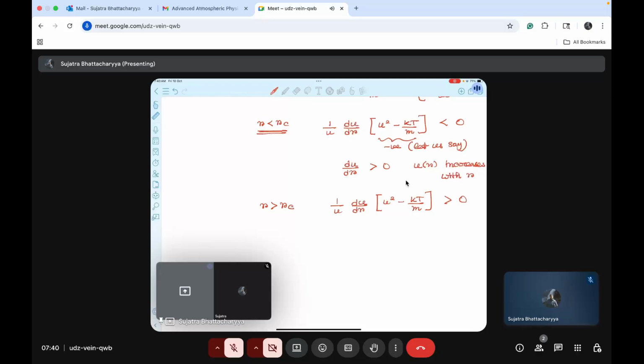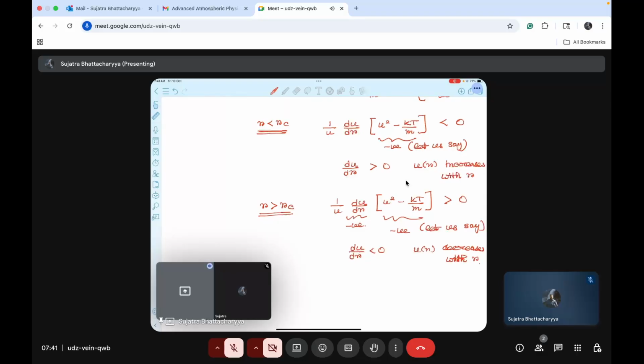So in both cases, whether r is greater than rc or r is less than rc, we have taken that U square minus kT by m is negative. Then this has to be negative. Therefore, du/dr is less than 0. So U decreases with r. This is also showing an acceleration, but it is a deceleration kind of thing. Okay, this is what we are getting.